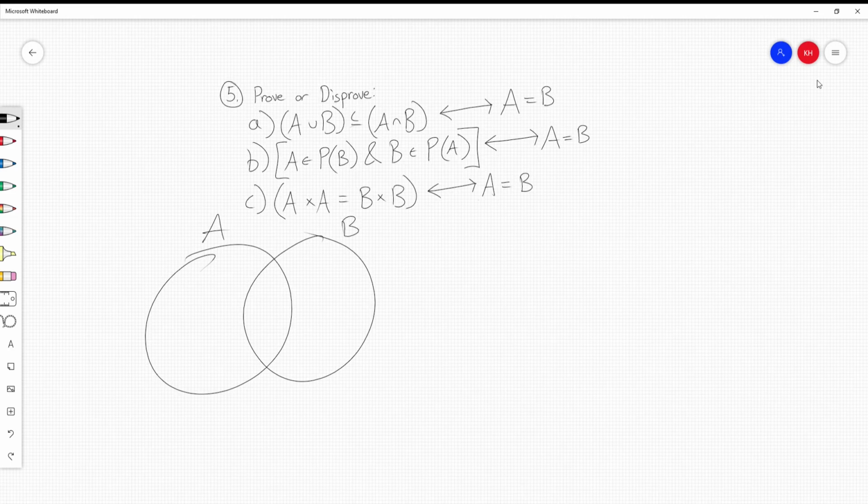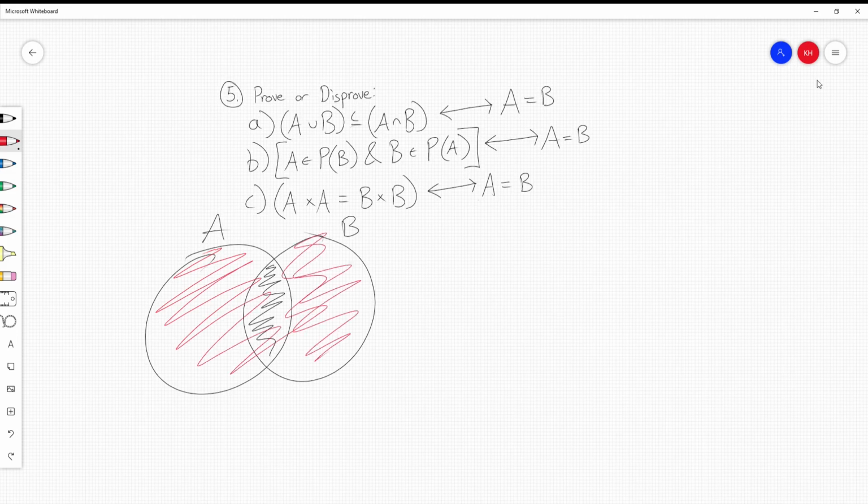A and B. And looking at the left side here, if our intersection in the middle is going to be the parent of a subset to A union B, which A union B is generally all of this, right, it's everything possible in A and B, then we know that there's something going on here, because generally A union B is, if you want to think about it, greater than or equal to A intersection B in size, and that'll be called cardinality when you guys get to it.